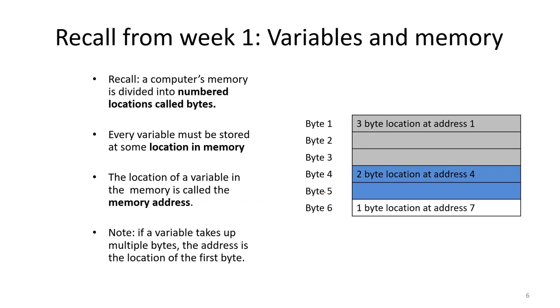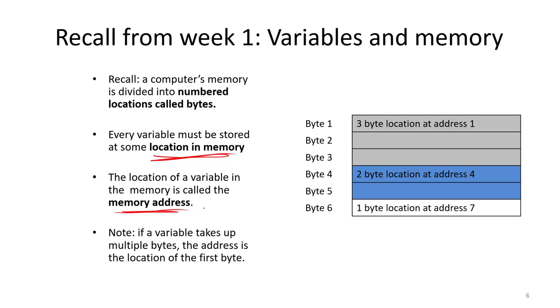So one other thing you might remember from the beginning of our course is information about variables in memory. You might remember that the memory in our computer is divided into numbered locations called bytes. And so every variable that we declare has to be stored at some location in the memory. And the location of the variable, where it lives in the memory, that is the memory address.